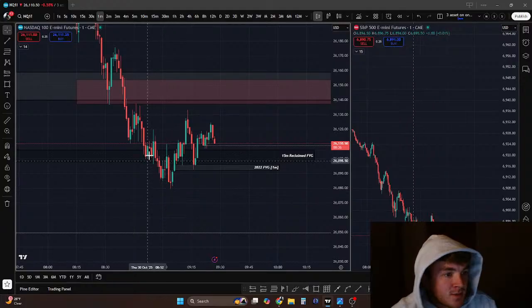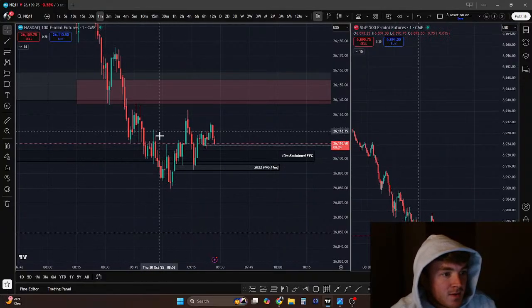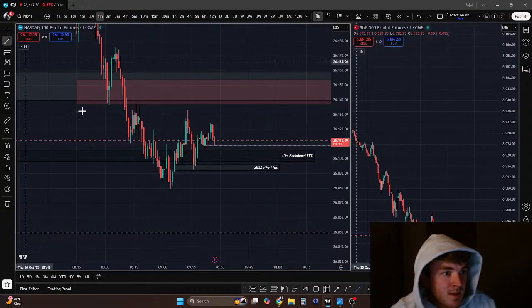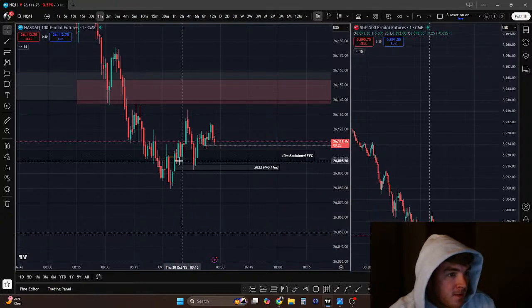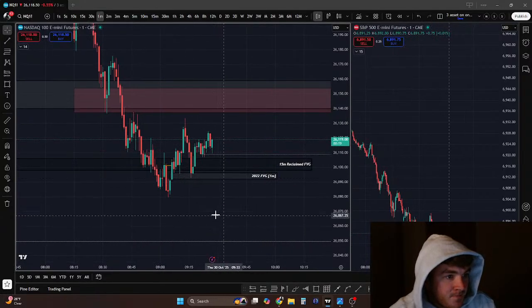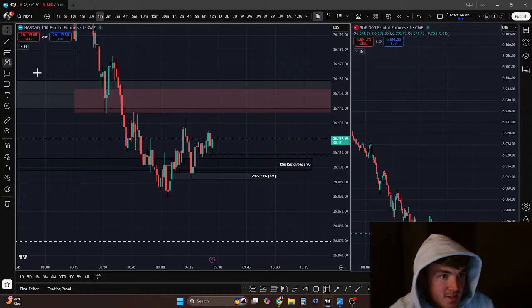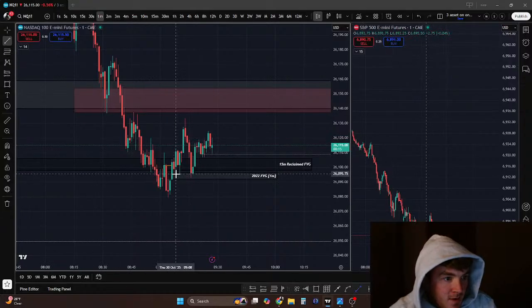Because technically this was a 2022 model, right? We got a nice displacement up. I'd consider this the displacement leg, the initial one. And then we have inducement at OTE right here. So this is the 2022 model.